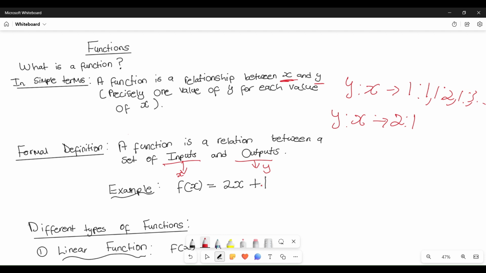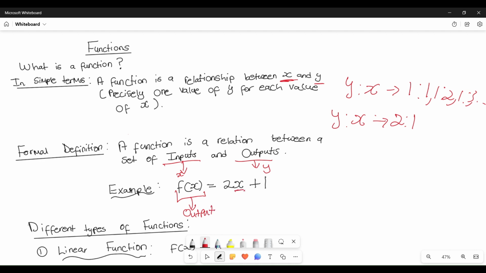Here is an example of a function which reads as follows: f of x is equal to 2x plus 1. In this equation, what is our input and what is our output? Now f of x here is our output.